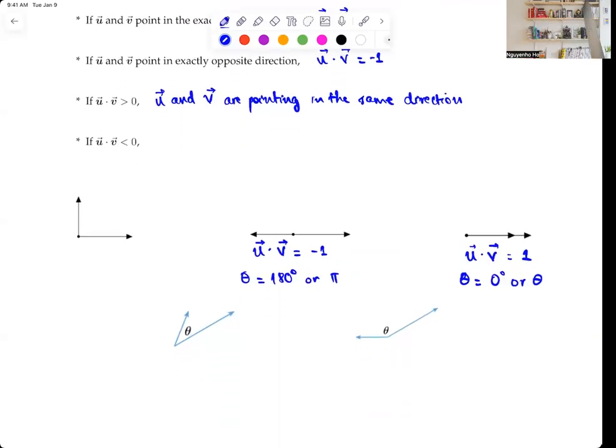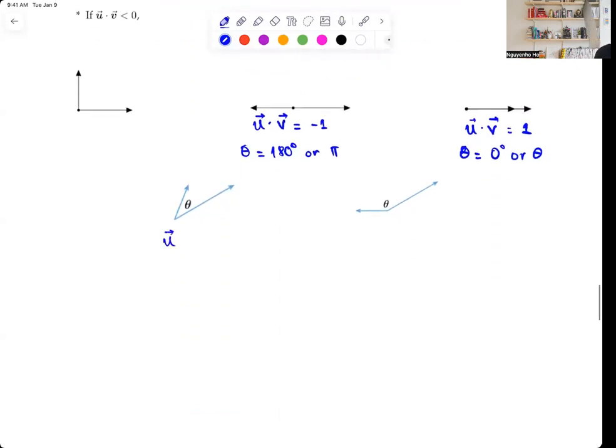So for example, in this picture, the two vectors are pointing in the same direction and forming something called an acute angle. u dot with v is positive, theta is an acute angle, or theta is going to be between 0 and pi/2.